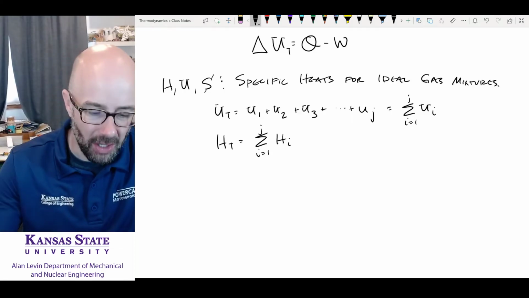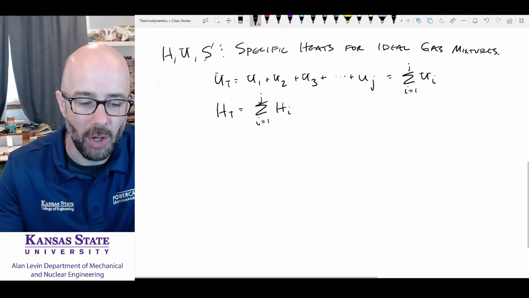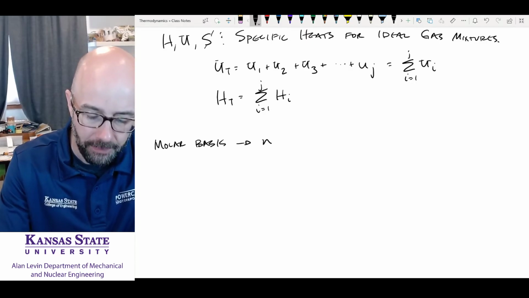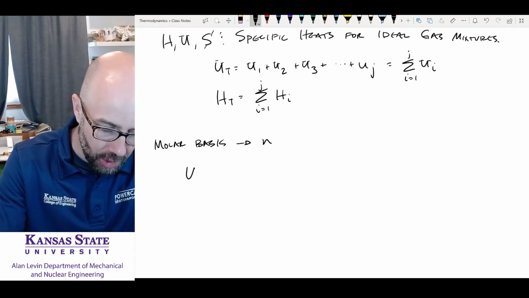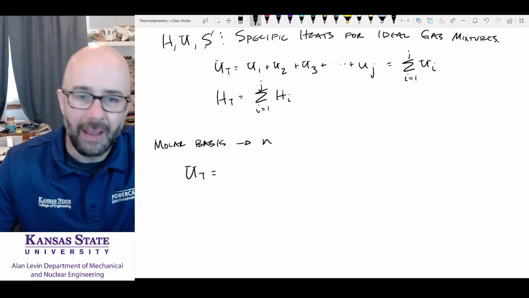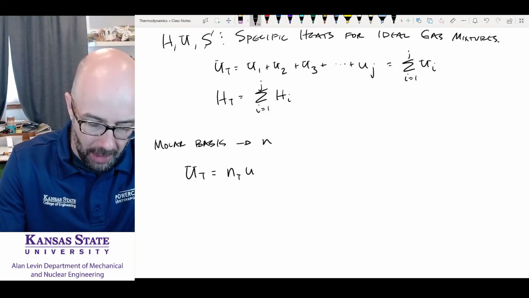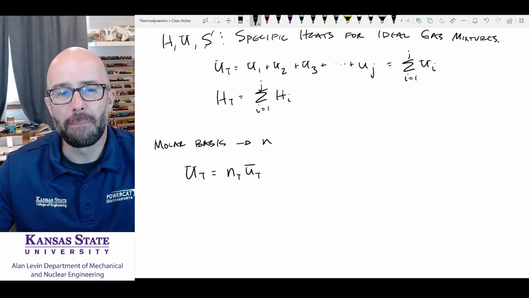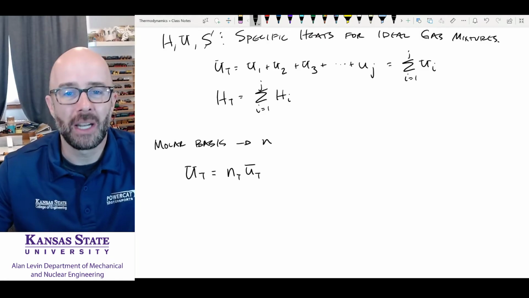Now, this is on a total basis. Let's look at what would happen on a molar basis. Now we're talking about number of moles. We could say the total internal energy is equal to the total number of moles times U bar total. Why am I putting a bar there? Whenever I put a bar over something, I know it's on a molar basis, meaning the denominator is per unit mole.